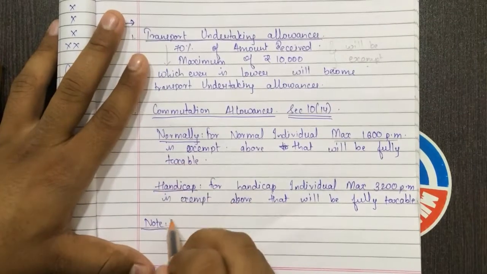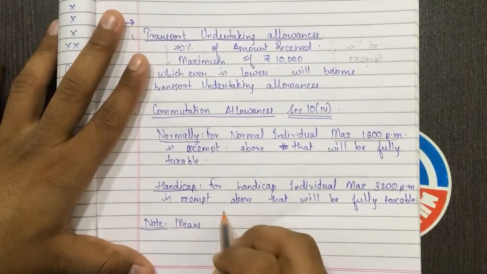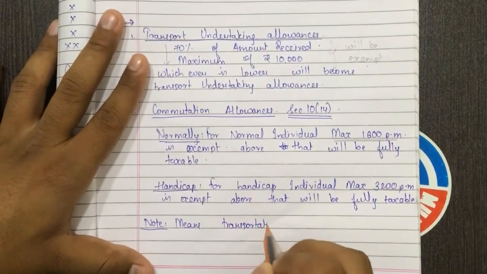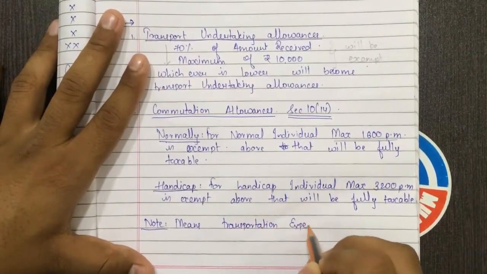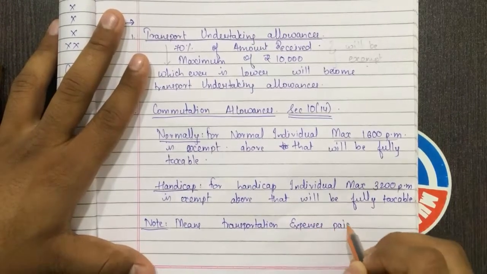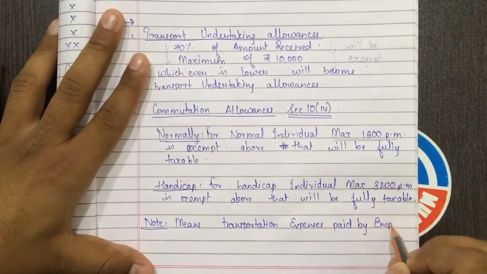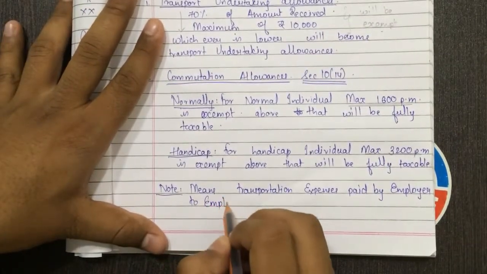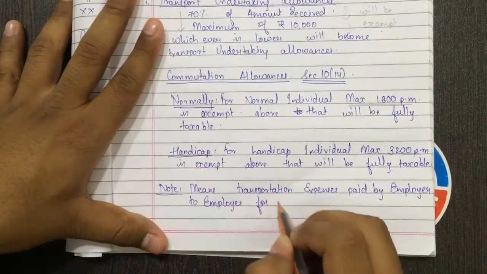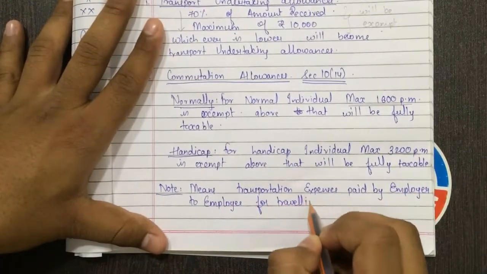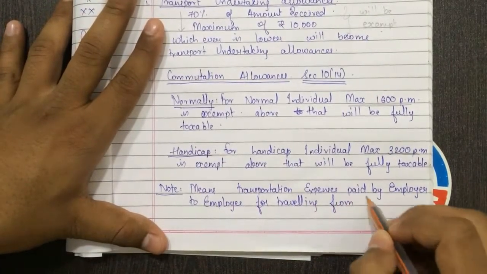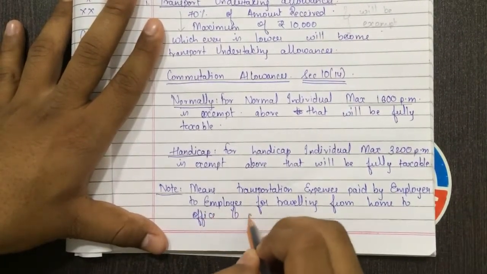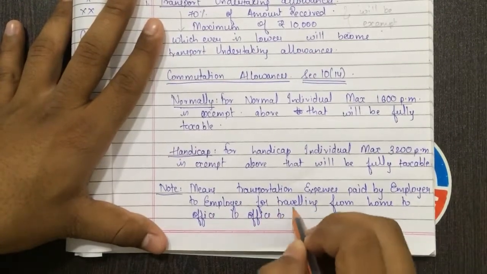Commutation allowances means transportation expenses paid by employer to employee for traveling from home to office and office to home only.